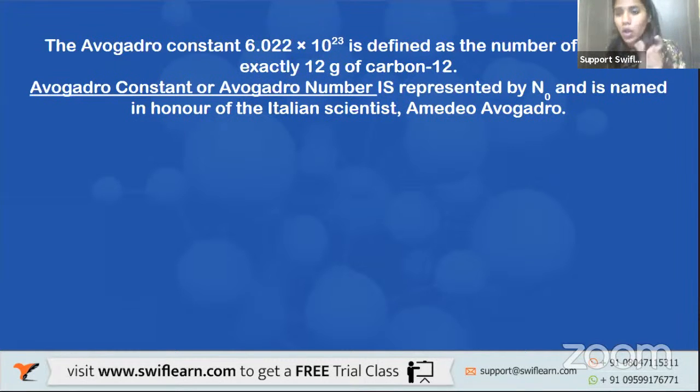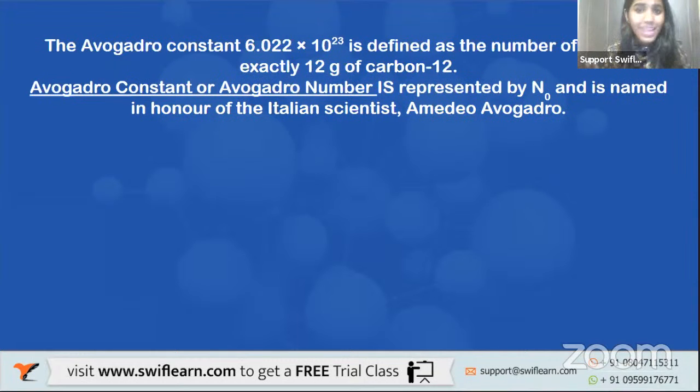That is a constant. Okay, now it was seen when they were measuring all this that Avogadro number, that is 6.022 into 10 raised to 23 particles, was equal to 12 gram of carbon 12. That means 12 gram of carbon 12 has 6.022 into 10 raised to 23 particles or atoms of carbon in it.